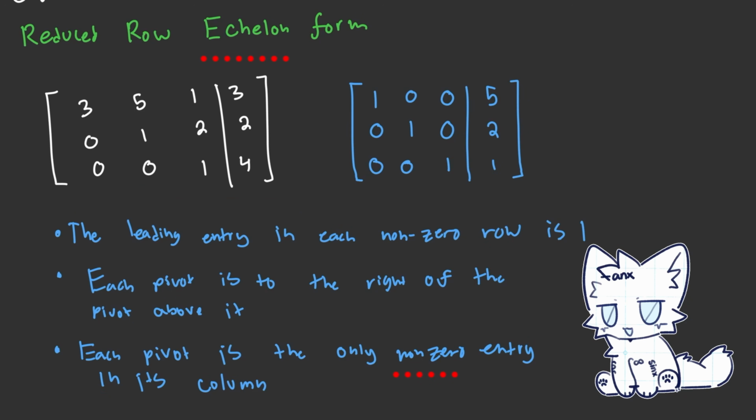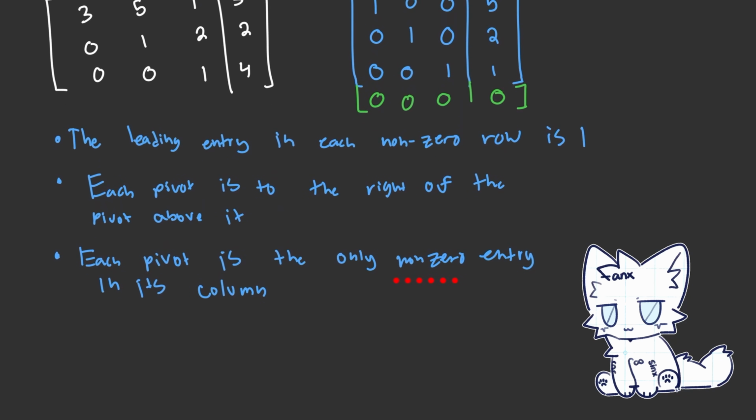There's also one more criteria. If this matrix had an entire row of zeros, then it adds another criteria to reduced row echelon form.